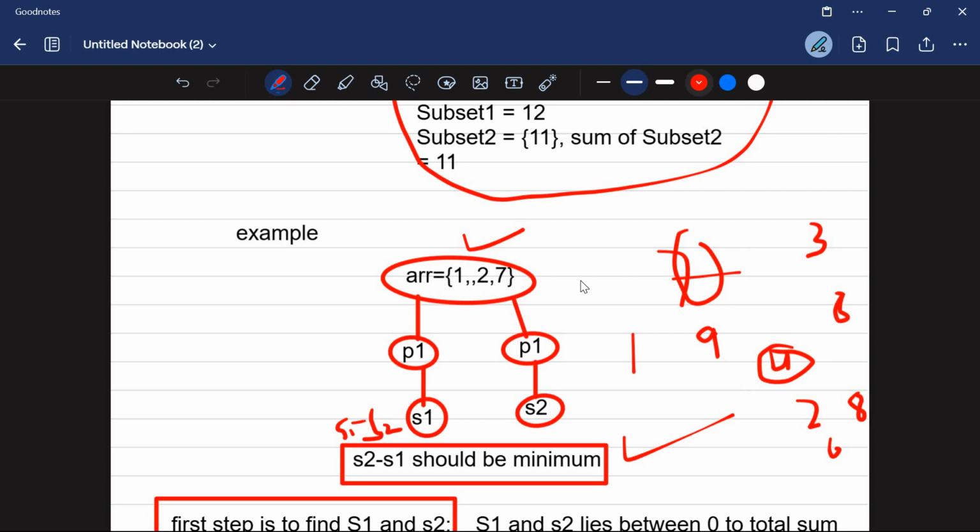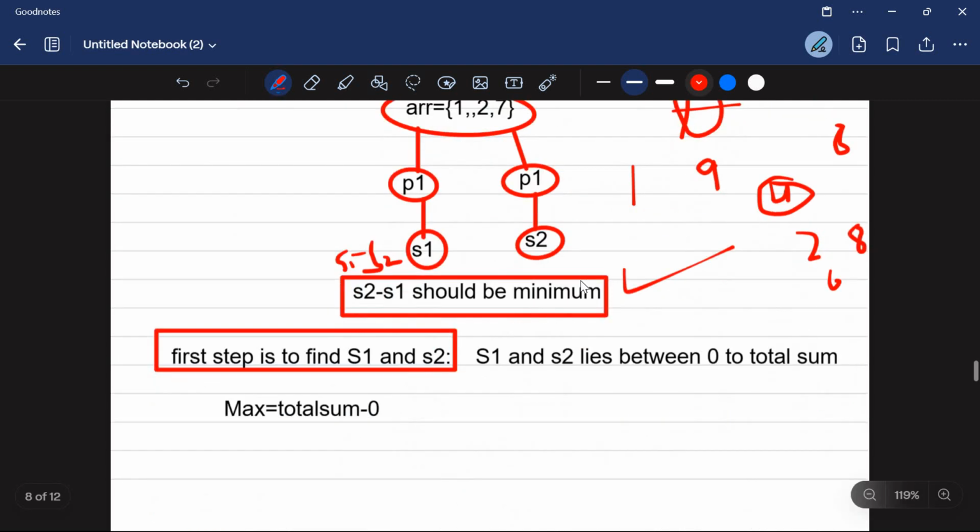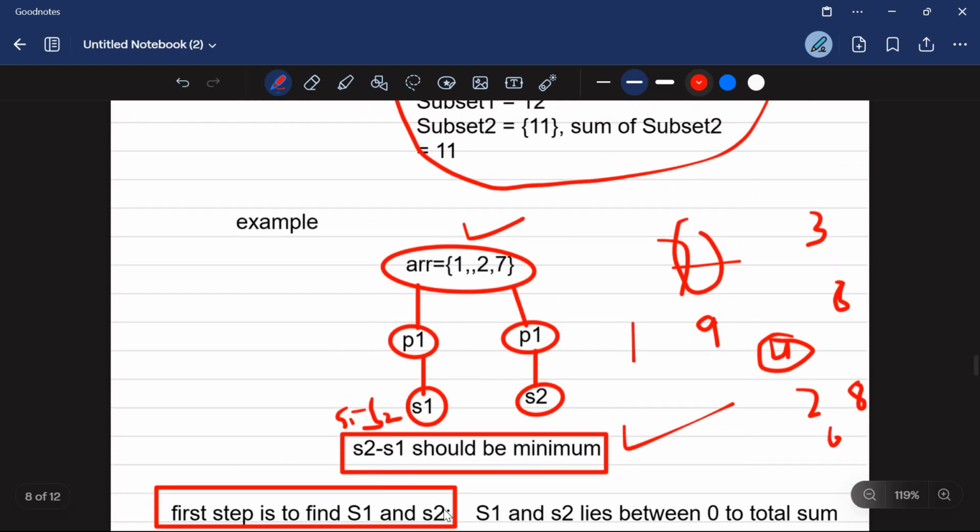So let's go to the approach, how we will tackle this question. The first step is we will find S1 and S2. Tell me one thing: how will you get S1 and S2? You don't have any idea, but you know that the sum of S1 and S2 is equal to the total sum.